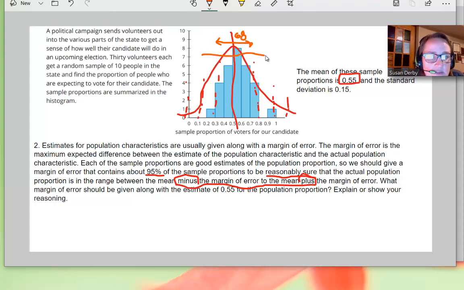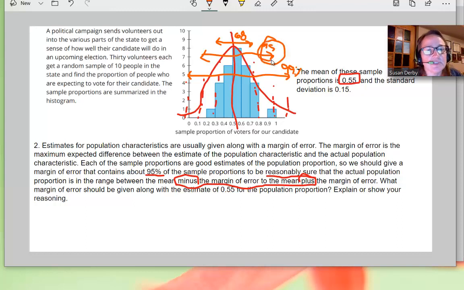Within 2 standard deviations, we were saying was 95%. And within 3 standard deviations, we were saying was pretty much the whole population. It's really 99% accuracy there. And it's actually 99.7% of people are within 3 standard deviations.